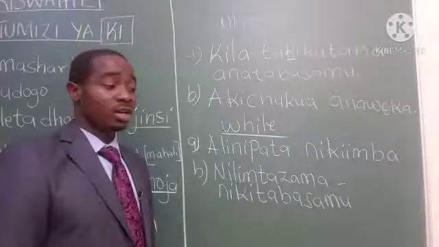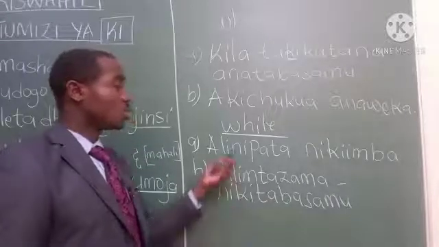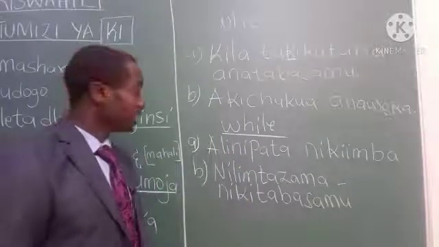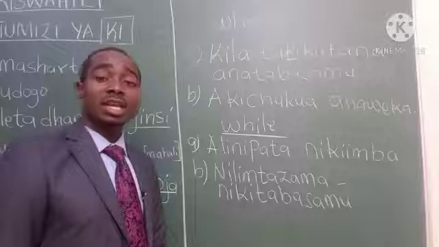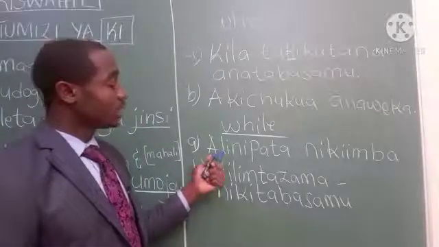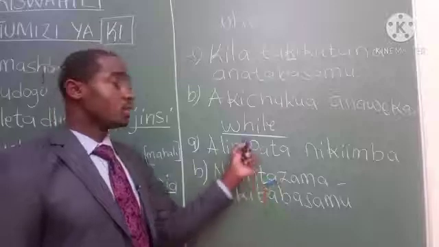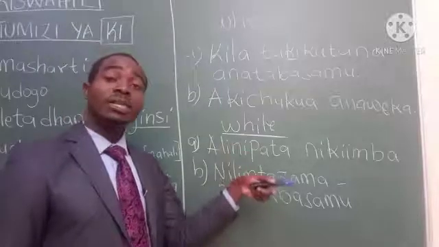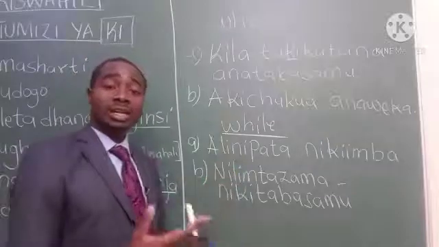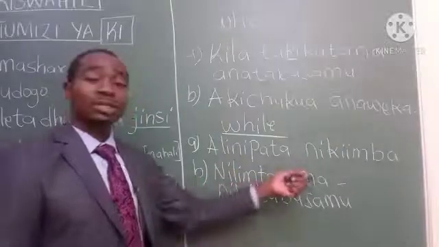Okay, so we're going to use this while ki. Alinipata nikisoma. So this while, the key is coming on the next verb. The first verb can take any tense, but the second verb will take the key.